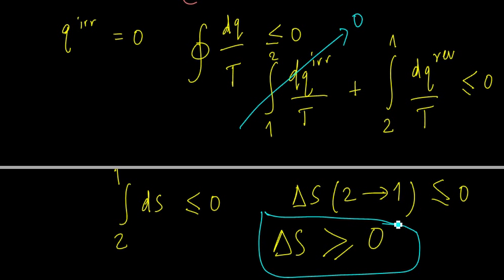If I go from point 1 to point 2 in an isolated system, that's my delta S. So this is the total delta S. The universe is an isolated system, and I am doing it for an isolated system.